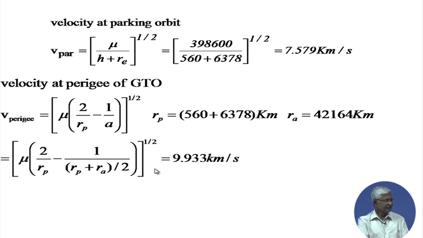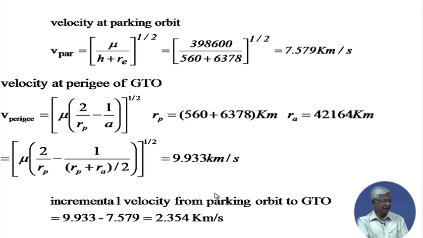With that you get the perigee velocity roughly about 10 kilometers per second. So, when it is moving at parking orbit, you have to give the difference of these two to get into that elliptical orbit. Incremental velocity from parking orbit to GTO is 2.3 kilometers per second.